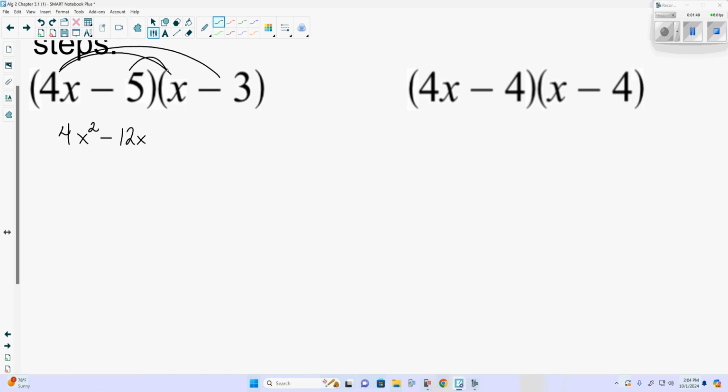Then we'll do the same thing with negative 5. Negative 5 times x is negative 5x. And lastly, negative 5 times negative 3. Negative times a negative is a positive. 5 times 3 is 15. This is bringing back some memories of Algebra 1, a little bit in geometry.